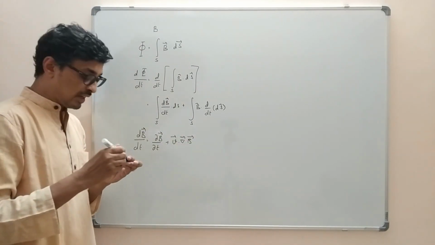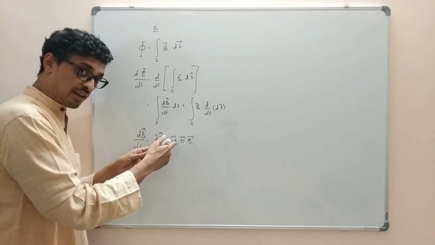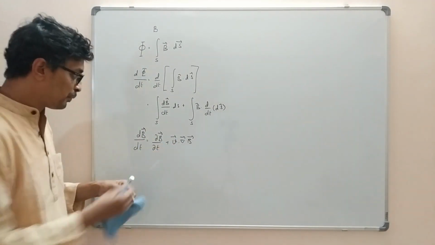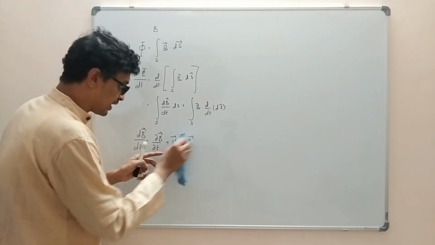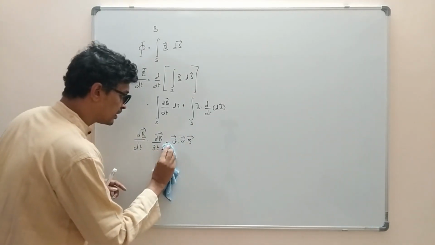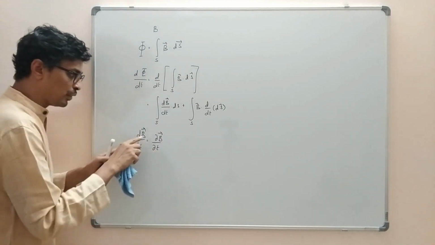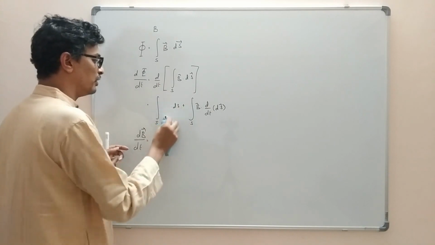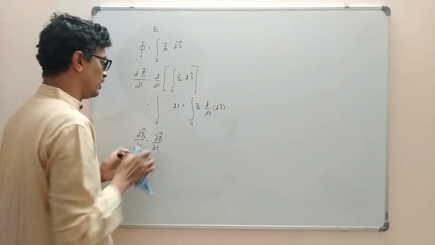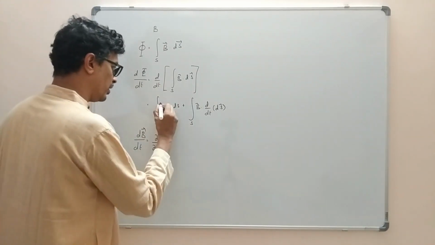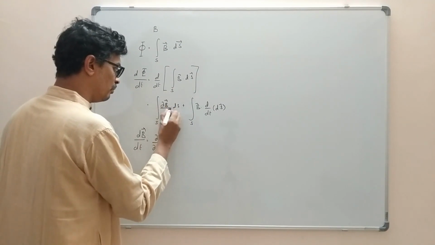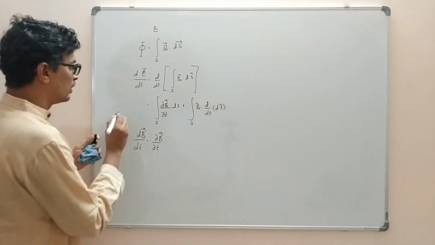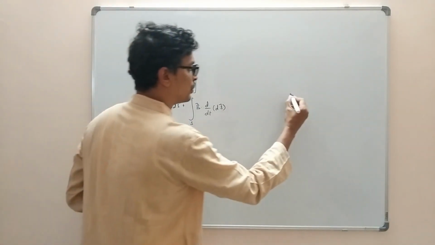Now, since we have assumed the magnetic field to be uniform, this quantity, v dot del B, will vanish, and what we have is only del B by del t. So therefore, this equation here will be del B by del t. Let us note down this equation.